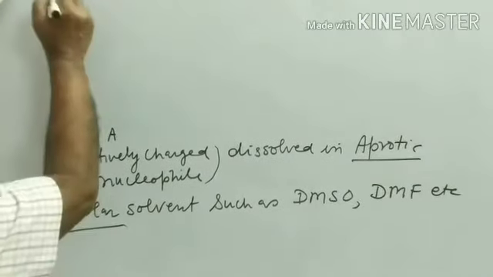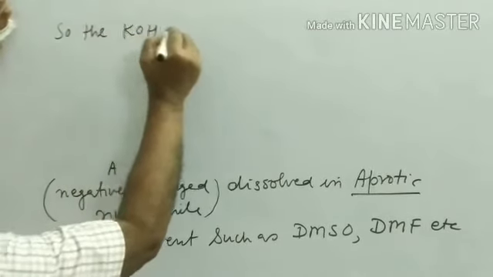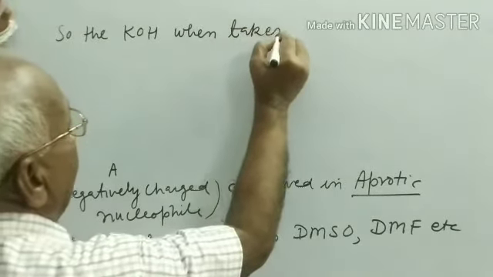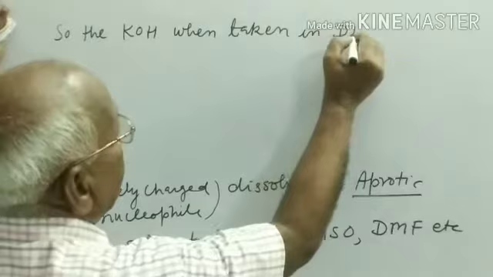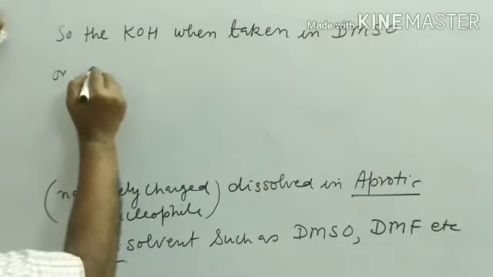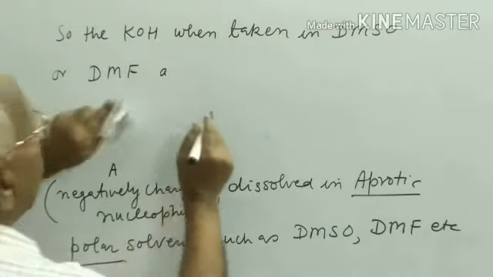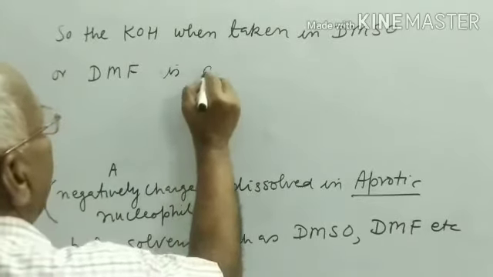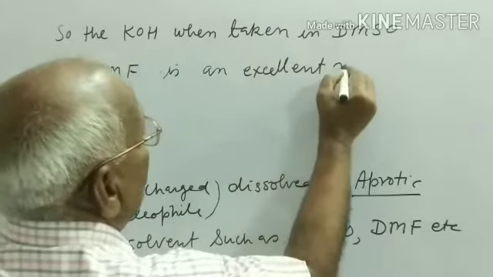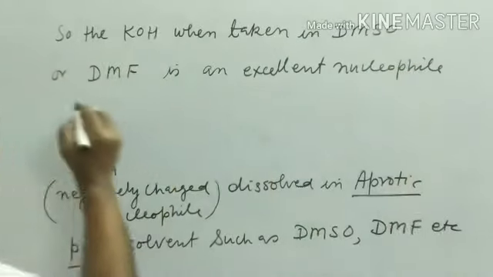So, KOH when taken in dimethyl sulfoxide or dimethyl formamide is an excellent nucleophile for SN2 reaction.